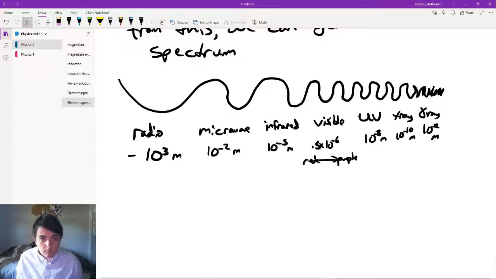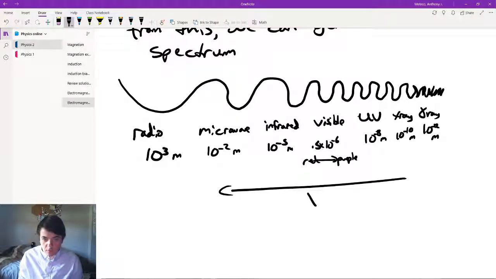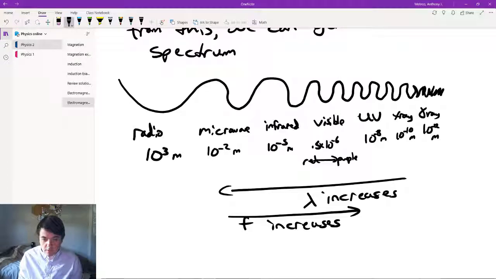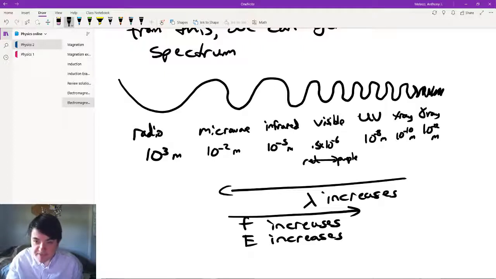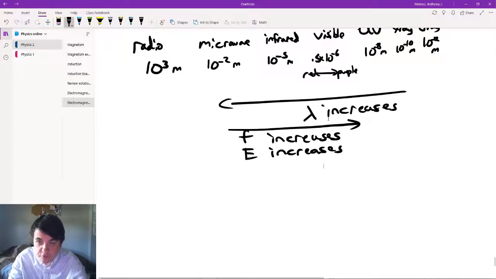So wavelength increases this way, whereas frequency will increase in the opposite direction because they're inverse of each other, okay?